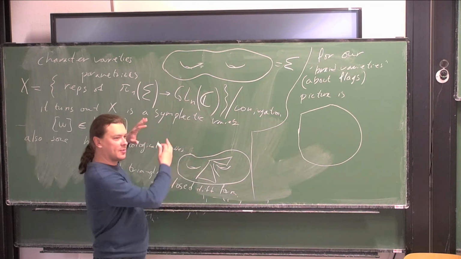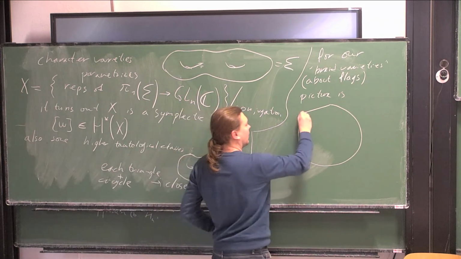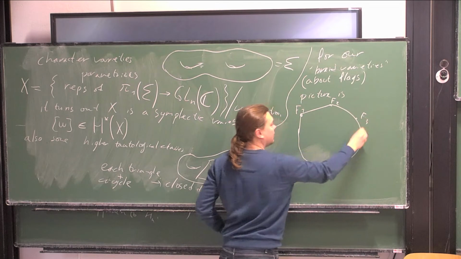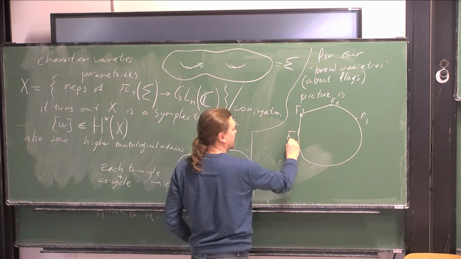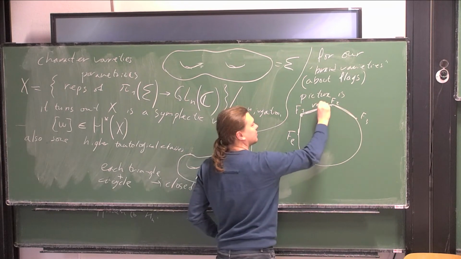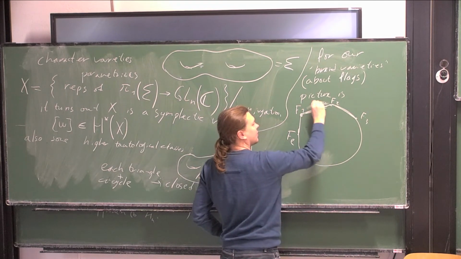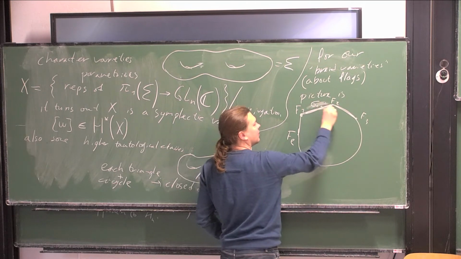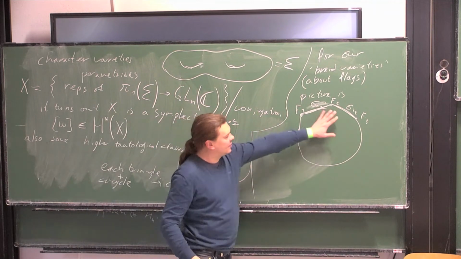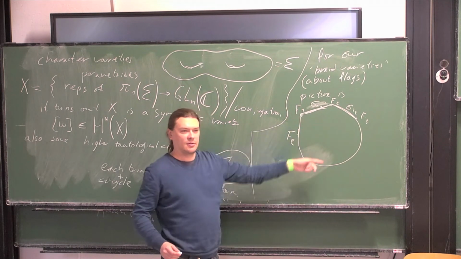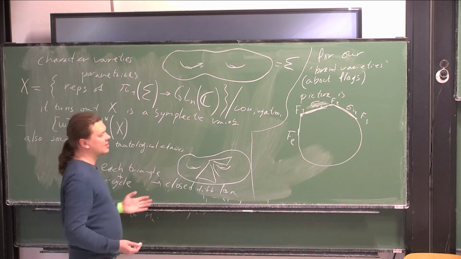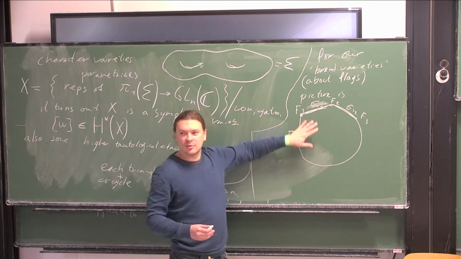But you want some kind of local systems on the disk, and these flags that we had before are sitting along the boundary, and then the boundary itself corresponds to our restrictions. So there is this sigma_{i1}, sigma_{i2} of the braid. Think about the disk, and then the braid is on the boundary, and our combinations of flags are like local systems on the disk.